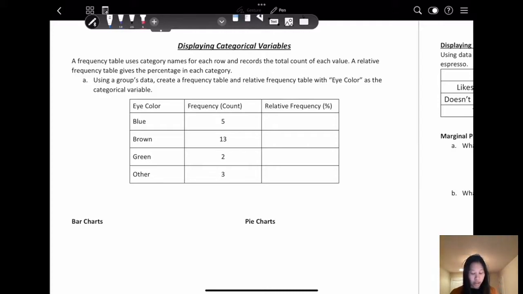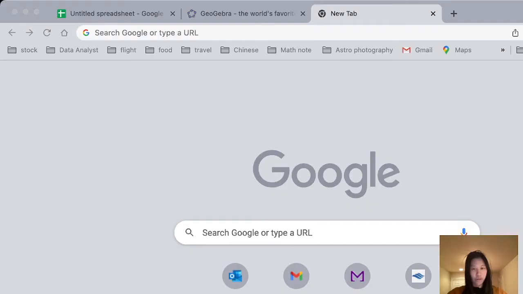Using the group's data, create a frequency table and the relative frequency table with the eye color as the categorical variable. So look at our categorical variable, eye color. And now they already have the table giving you the frequencies. The first thing you want to do is find out the total number. So we use Google Calculator to do that for us.